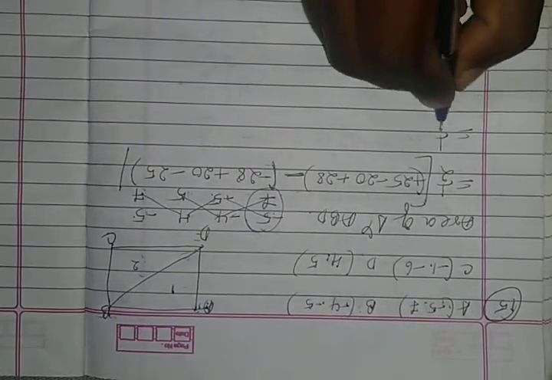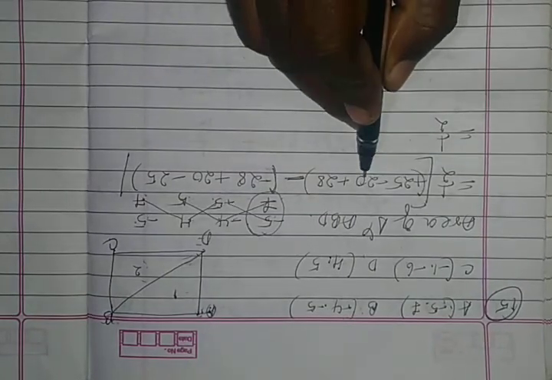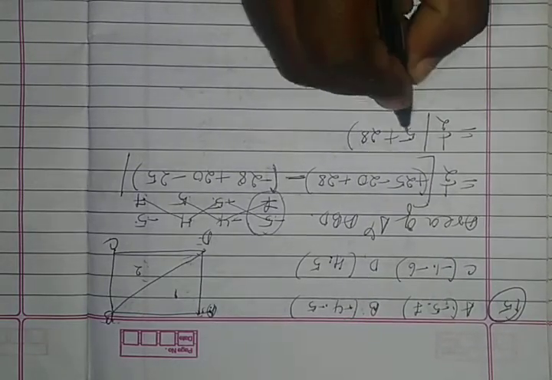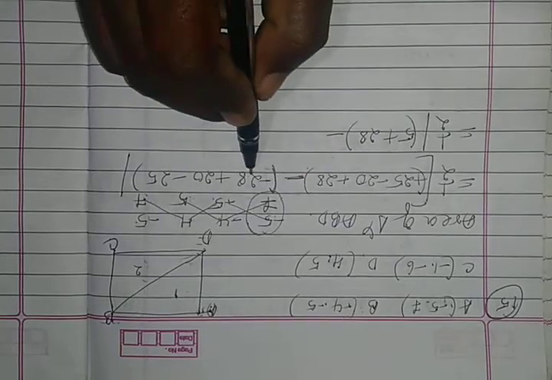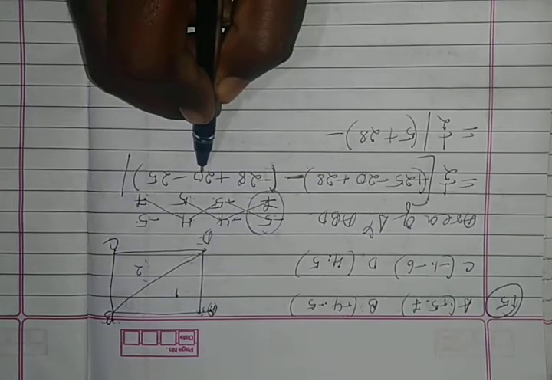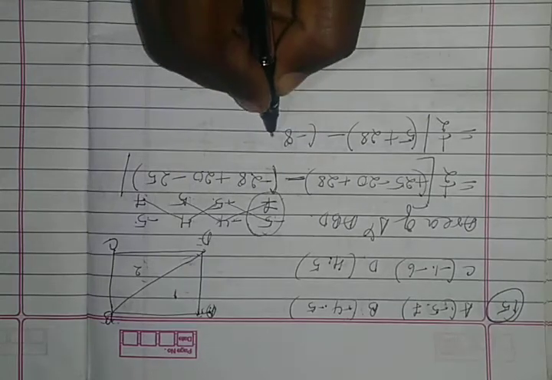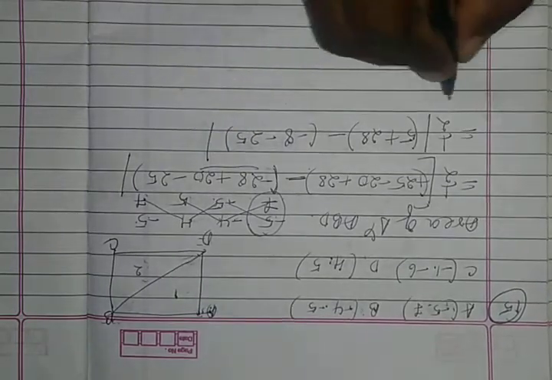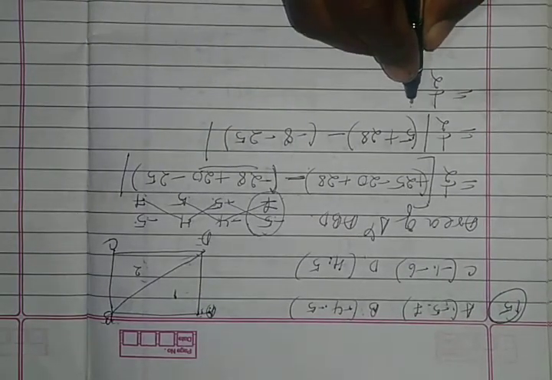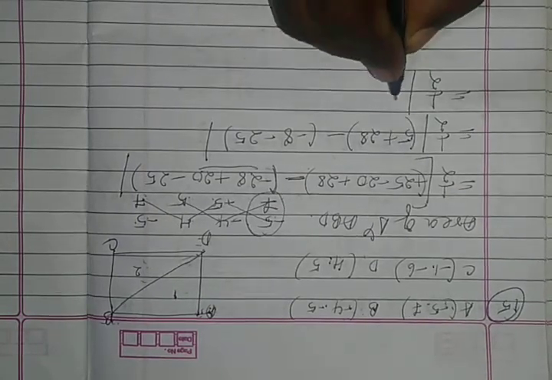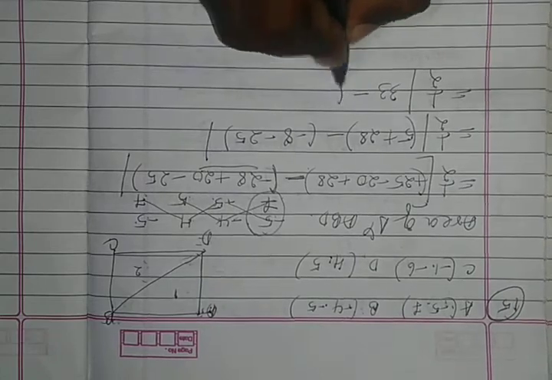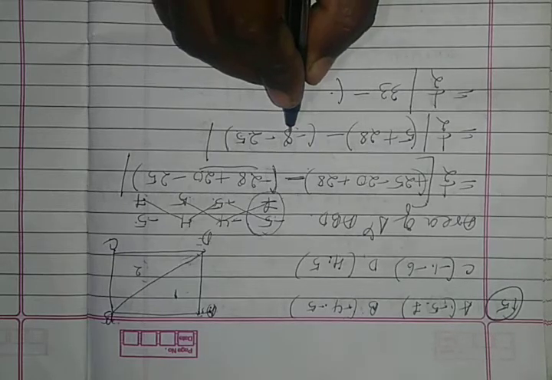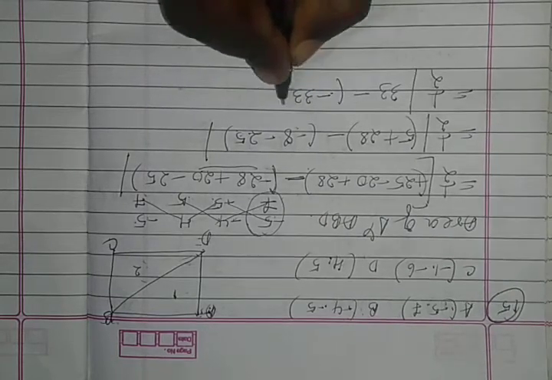Let us see. Half into 25 minus 20 is 5, plus 28 minus 28 minus 20 is minus 8, minus 25. Half into 28 plus 5 is 33, minus 33.